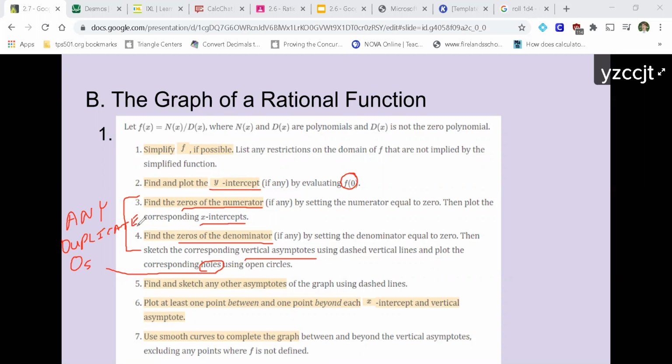So if you find out that x equals 2 is a 0 of the numerator, and then you find out that x equals 2 is also a 0 of the denominator, then what you have found out is that x equals 2 is really not an x-intercept. It's not a vertical asymptote. It's a hole in the graph.